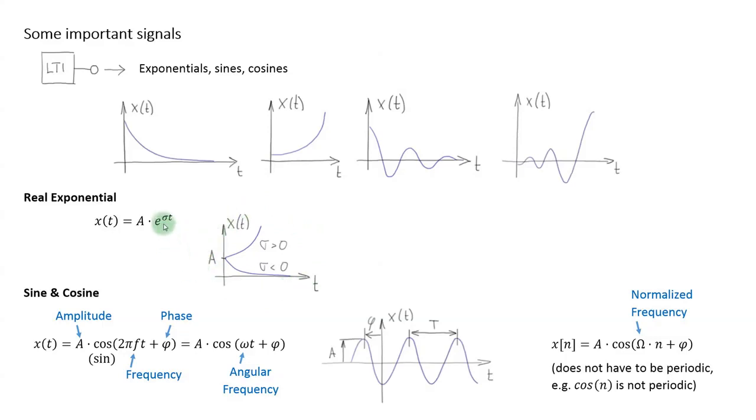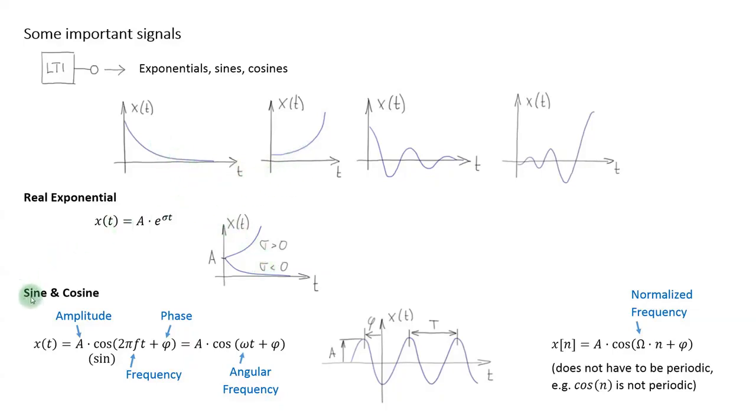Important point to note is that depending on this sigma, the exponential can asymptotically approach 0, which happens when sigma is negative, or it can diverge to infinity, which happens when sigma is positive. So based on the value of sigma, we will be able to distinguish between these two types of behavior, between the stable and unstable behavior.